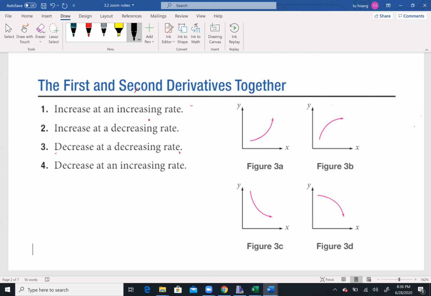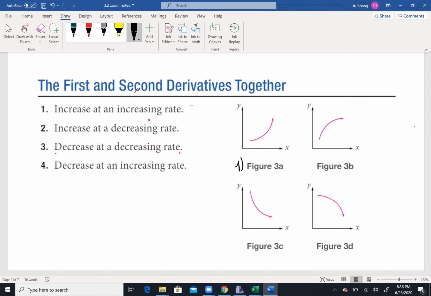So what is increase at an increasing rate? What happened with this? Look at figure 3a. This is what we call increase at an increasing rate. Why do I say that?